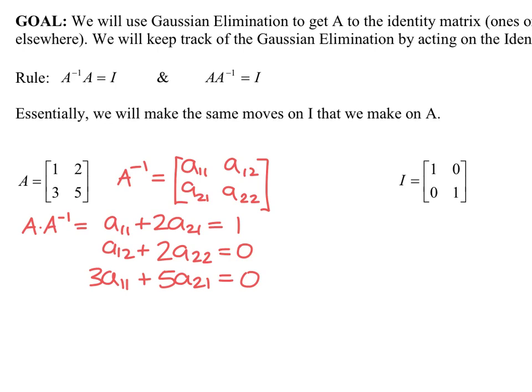And then this is getting multiplied by that. So 1. I think it's right. Yeah, because the first row is getting multiplied by the first column, 1, 1, and 2, 1. And then by the second column, so 1, 2, and 2, 2. And then the 3, 5 is getting multiplied by the first column, so 1, 1, and 2, 1. And then it'll get multiplied by the second column, so 1, 2, and 2, 2.